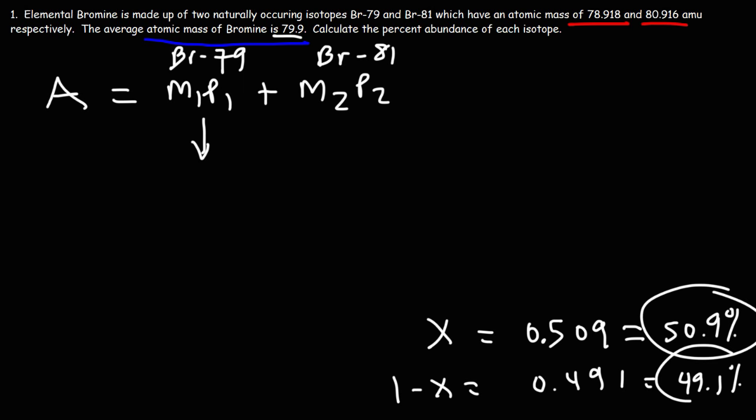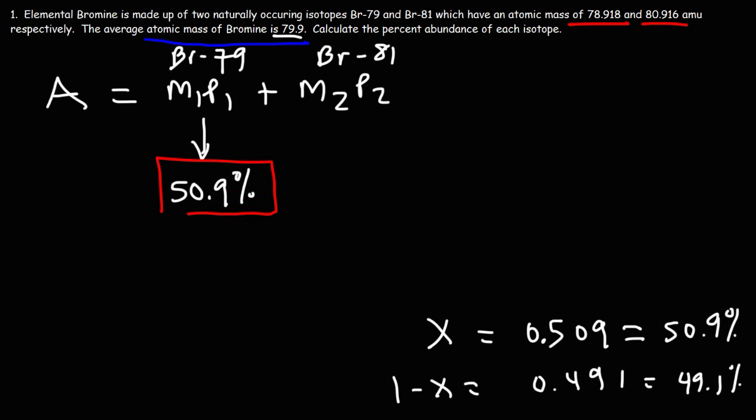As you can see, these two add up to 100%. So the percent abundance of bromine 79 is equal to x, or it's 50.9%. And the percent abundance of bromine 81, that's 1 minus x, so that's going to be 49.1%.